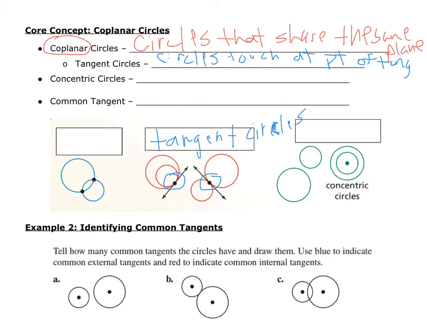Okay. Concentric circles. Concentric circles are an example of circles that share the same center.